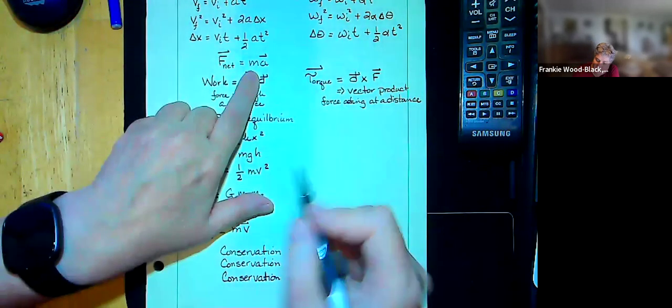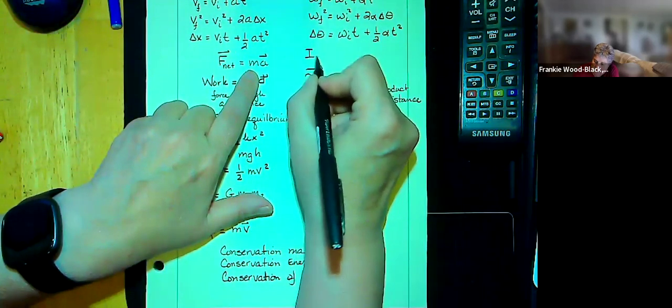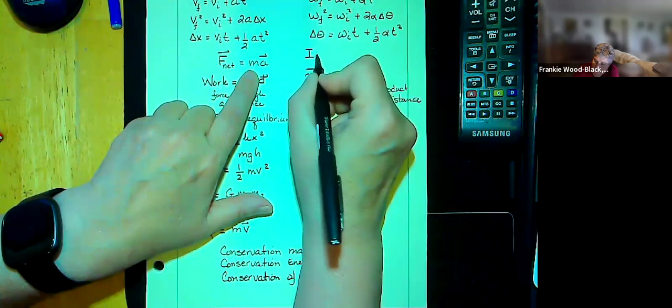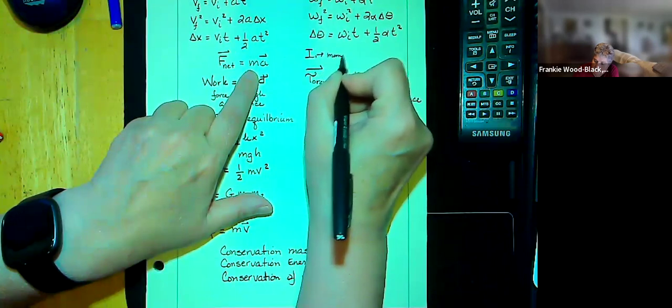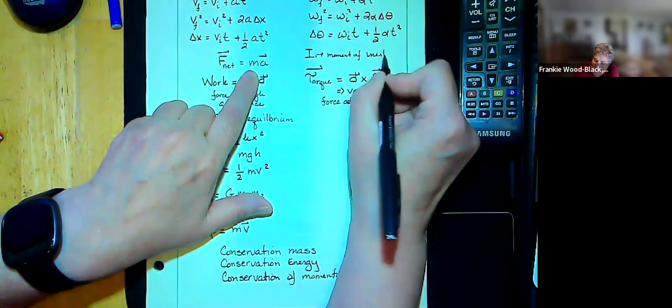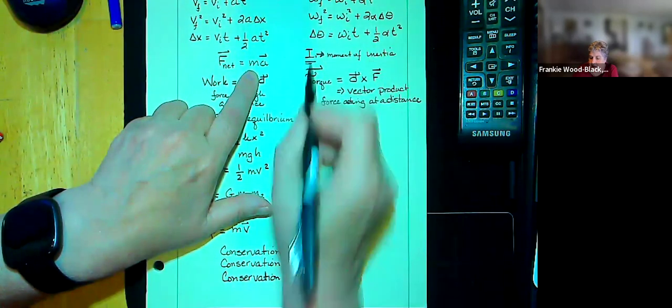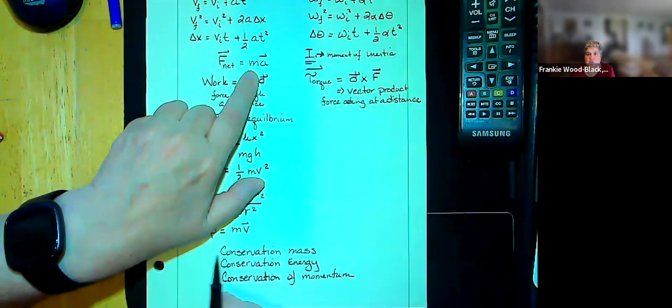Instead of mass here, we're going to get this idea of a moment of inertia. And that is going to be dependent upon how the mass is distributed.